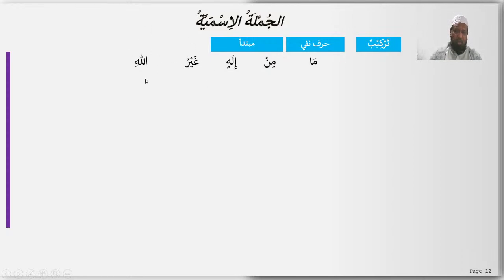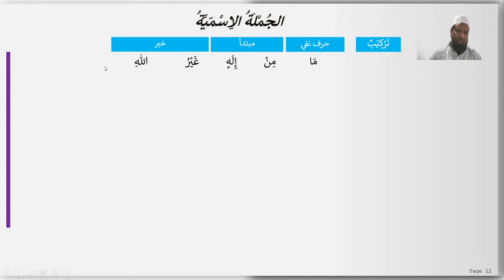Ghayrullahi will be the khabar. But what is the rule of khabar? Khabar is normally nakira, but sometimes it also can be ma'rifah. In this case, Ghayrullah is ma'rifah. Any ism that is mudaf to ma'rifah, we've learned the 7 types of ma'rifah, and one of them is al-mudaf ila al-ma'rifah.